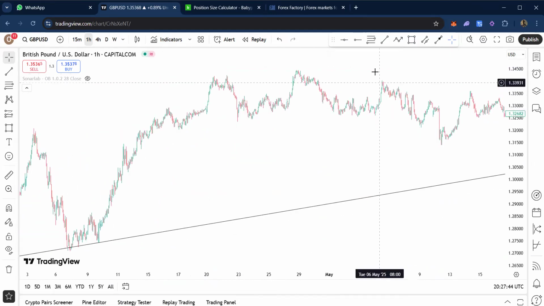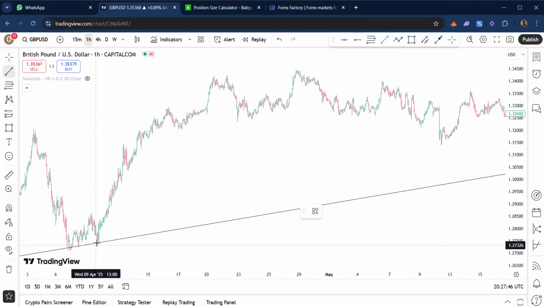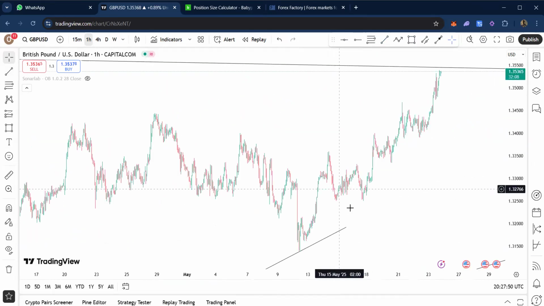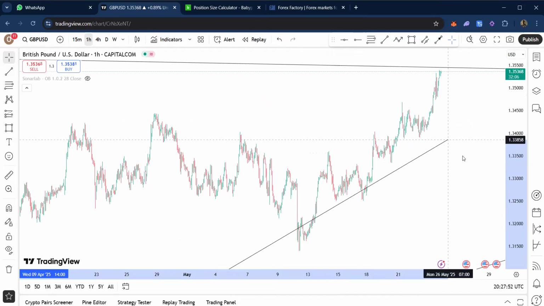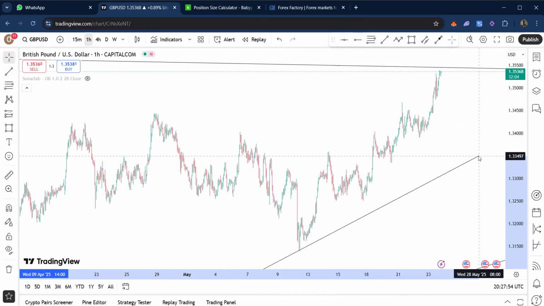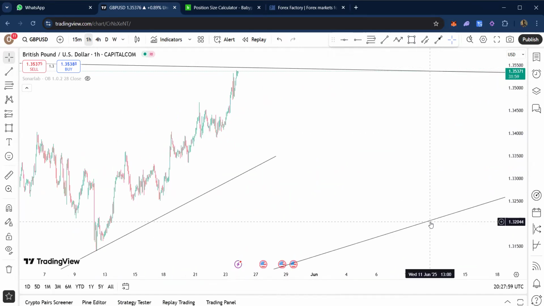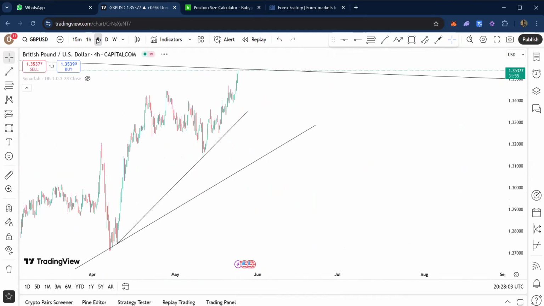So I can draw a trend line from maybe here and take in this point and continue with it, but it wouldn't make sense. Even this trend line doesn't make sense, this one here, because it's far from the market, it's far from the chart. But at times you want to just leave it there just in case you're caught off guard by news or something like that.